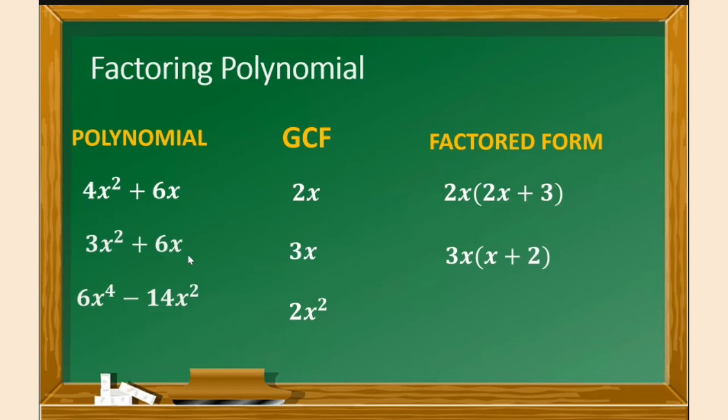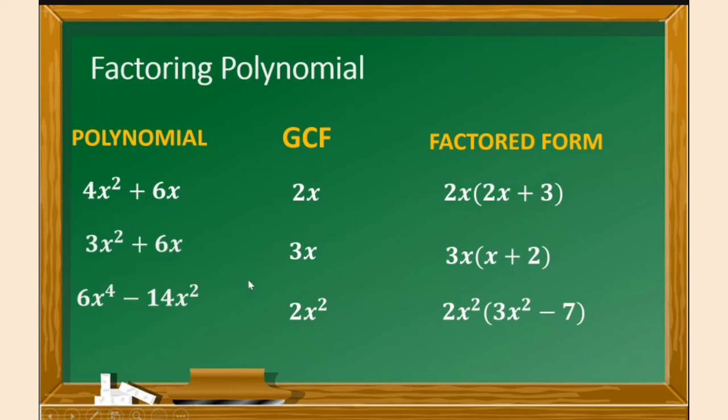And our factored form, as I have said, i-divide lang po natin si GCF in our original polynomial or expression. So, 6x raised to 4 divided by 2x squared. 6 divided by 2, that is 3. X raised to 4 divided by x squared. Minus lang po natin. 4 minus 2, kaya siya squared kasi 2. 3x squared. Okay, yun yung first term natin.